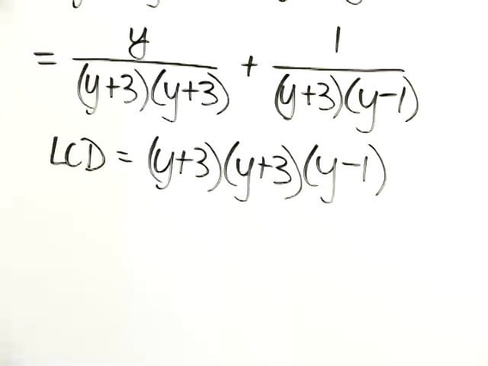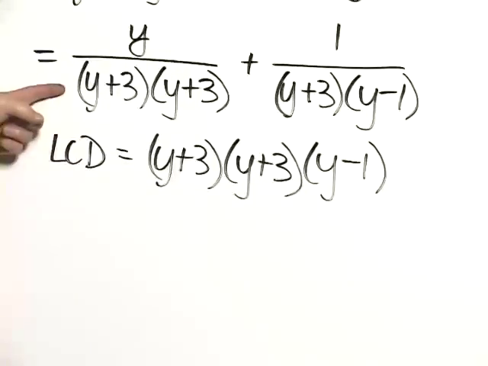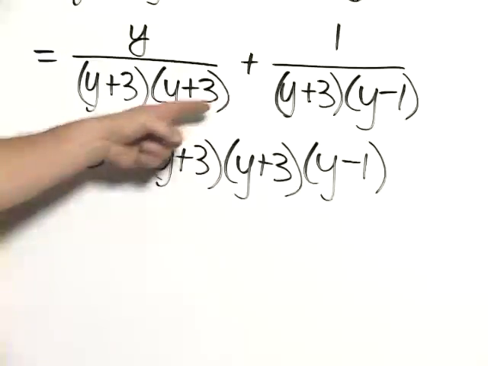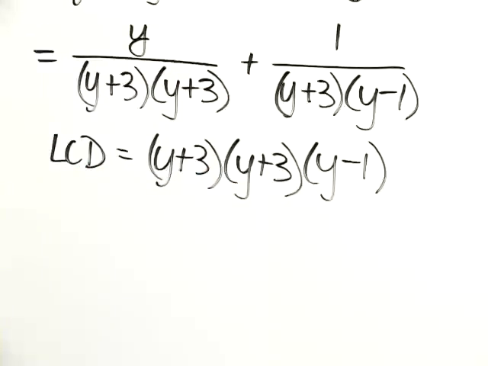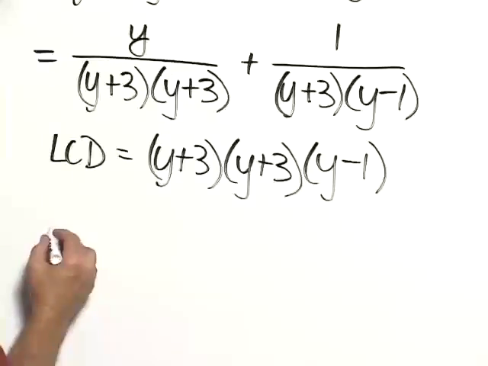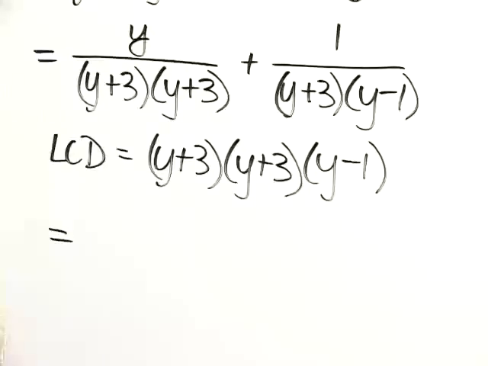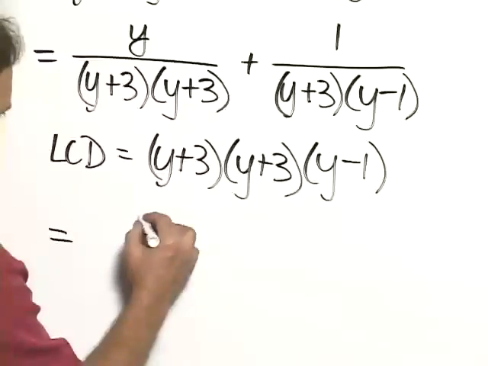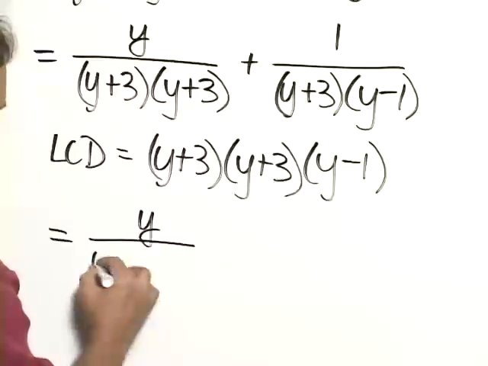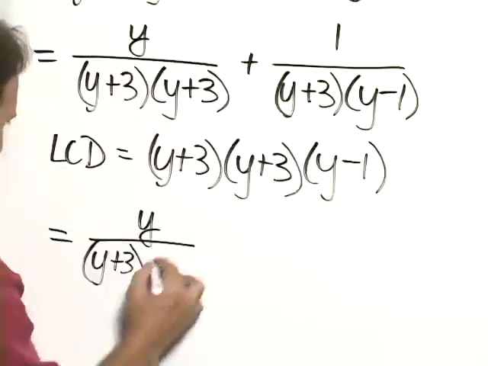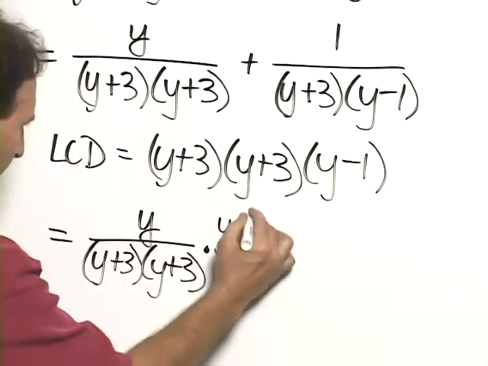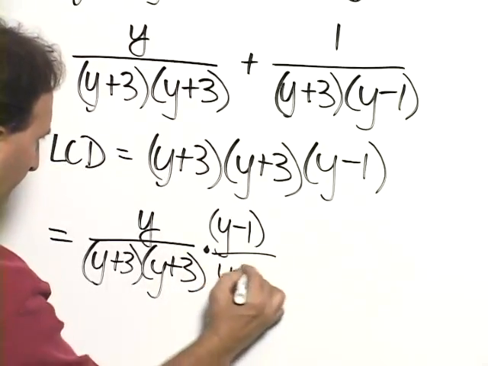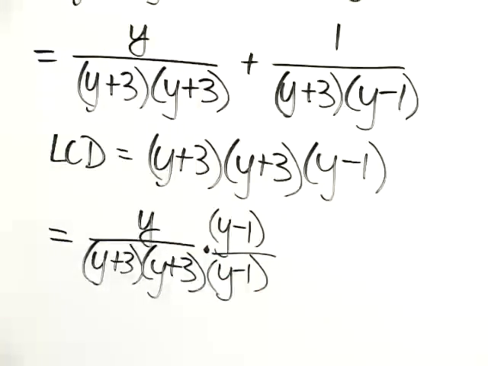Our next step is to write equivalent rational expressions for each of these, but that now have the LCD as the denominator. So what we would have then is this expression, y over y plus 3 times y plus 3, we would have to multiply by y minus 1 over y minus 1.